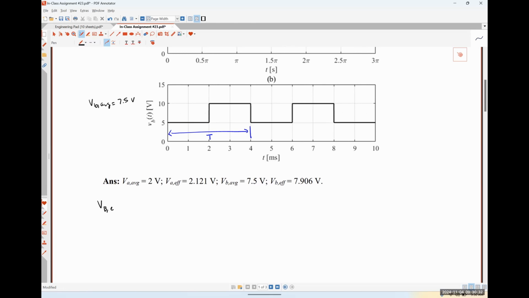So VB effective is going to look like the square root of 1 over 4 seconds times the integral from 0 to 2 seconds of 5 volts squared dt plus the integral from 2 seconds to 4 seconds of 10 volts squared dt.